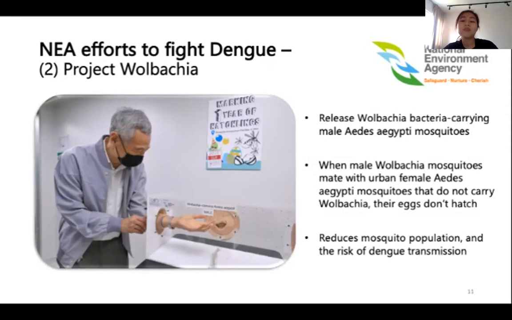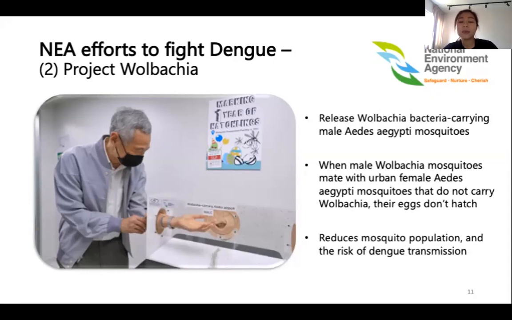Wolbachia is a very common bacteria that occurs naturally in 60% of insect species, including mosquitoes, fruit flies, moths, butterflies, and dragonflies. They are safe for humans and the environment. It was discovered that when Aedes aegypti mosquitoes carry this bacteria, they help to fight viruses like dengue or Zika.